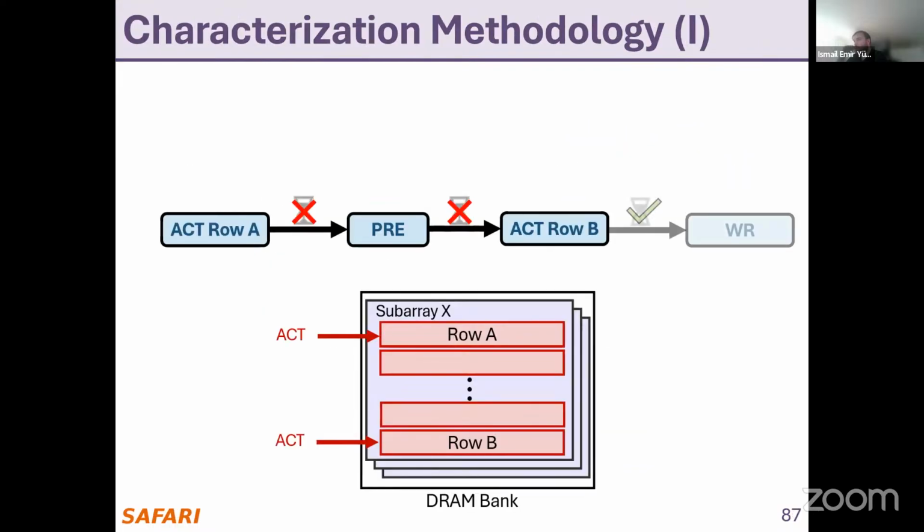To understand which rows are simultaneously activated, we issue a write. How does this work? Assume that we activate row A, precharge, then activate row B, which will assert many rows in that subarray. To understand which rows are simultaneously activated, we need to see which rows change from the write.